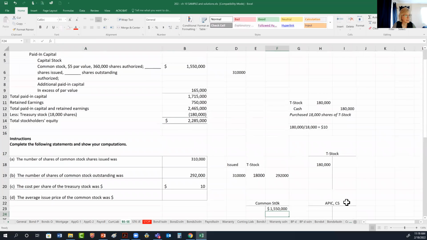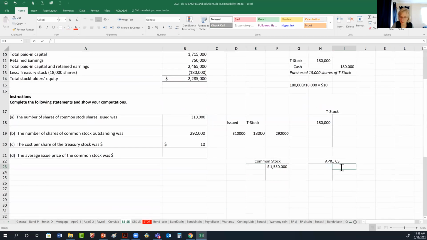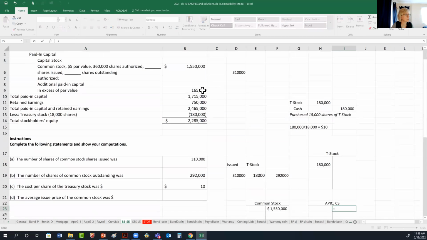And what's the balance in APIC? 165, yes. And it's a credit balance because that's the normal balance for this.